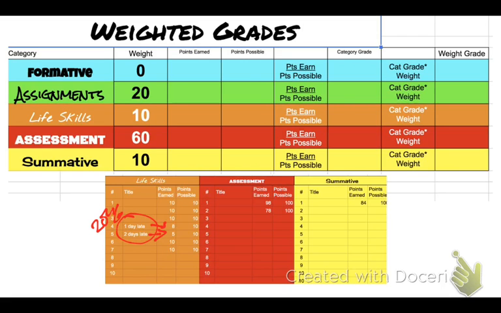But if I total up the points earned, does anyone have that points earned for me? 63. 63 again?